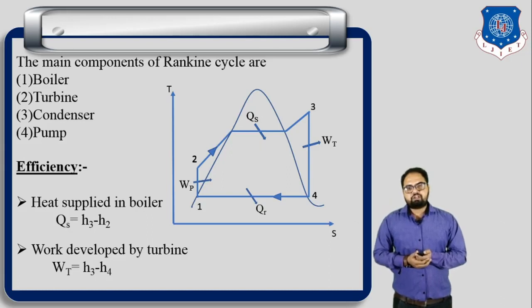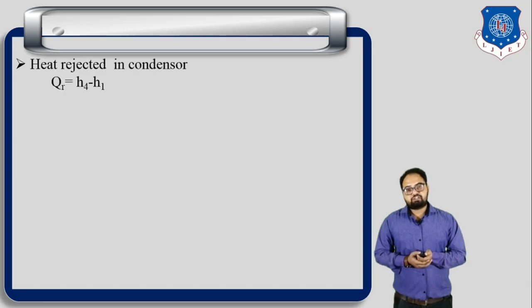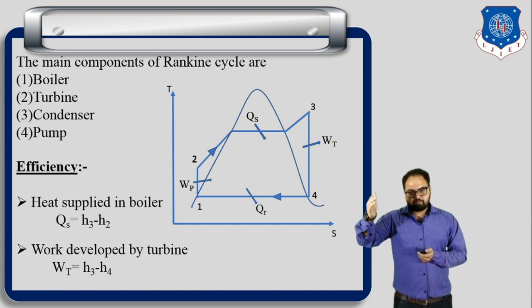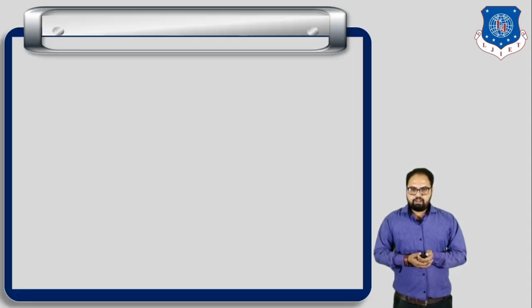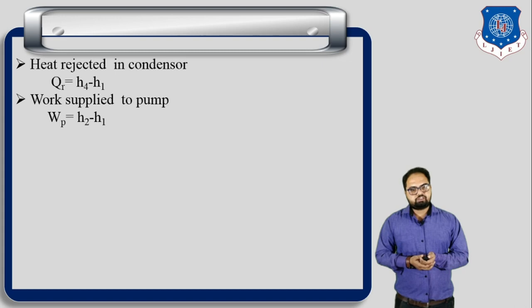Okay. So the equation of the heat rejected will be H4 minus H1. The work developed by the turbine: the turbine is between points 3 to 4, so the work produced by the turbine is H3 minus H4. And the last one is work done by the pump, that is H2 minus H1.